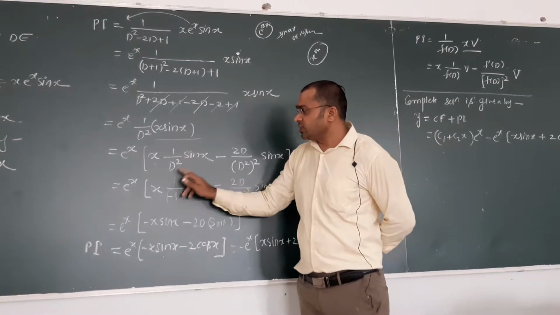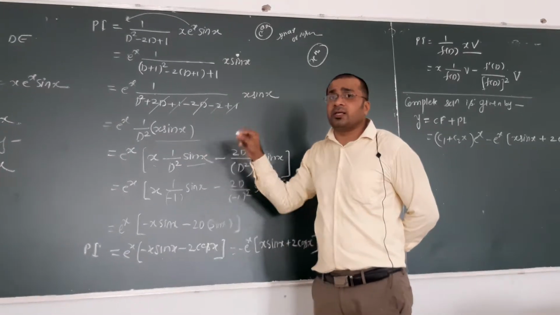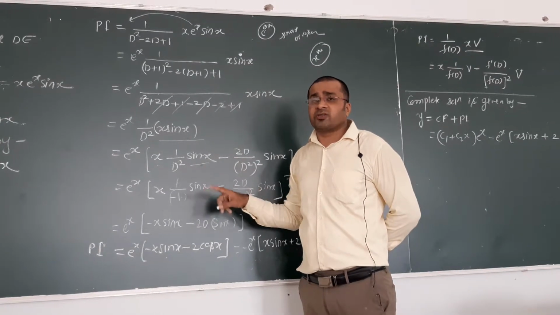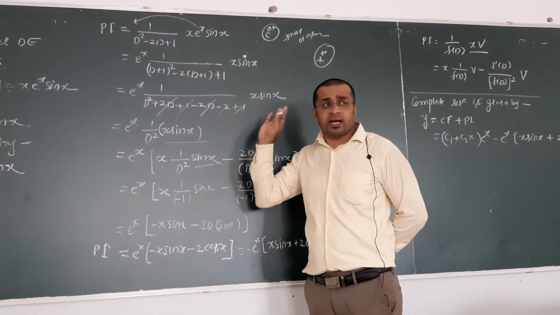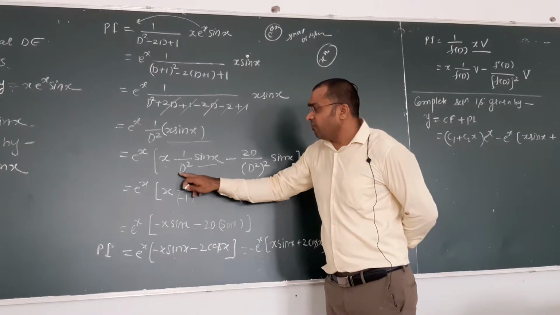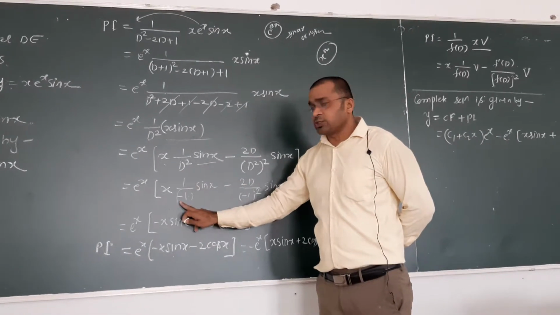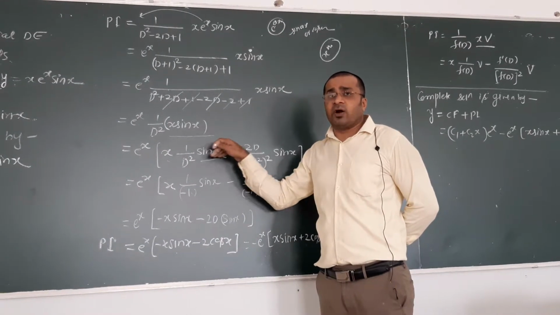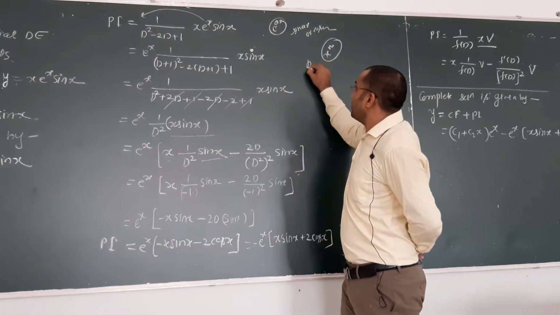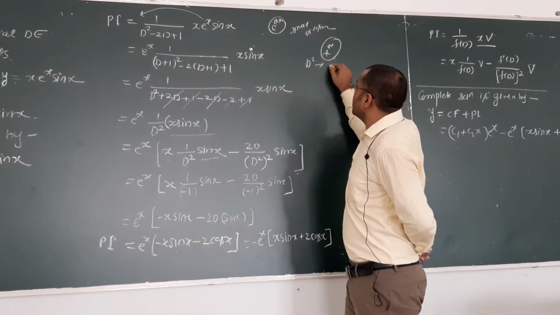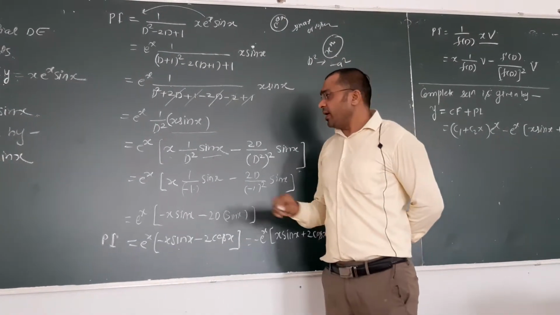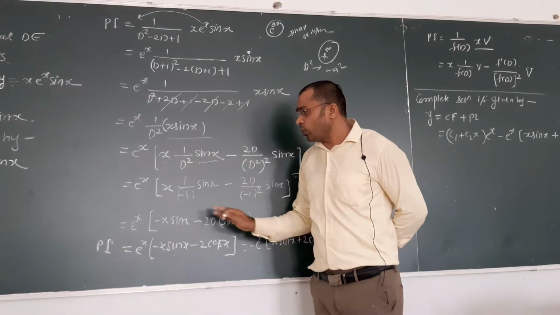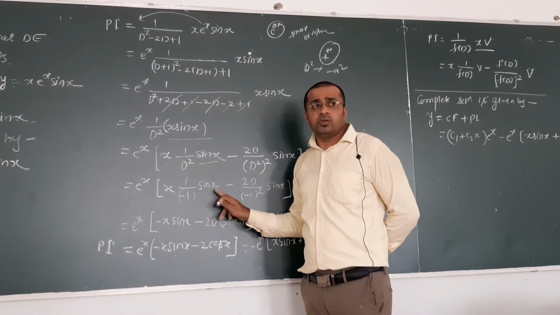Now 1 by D² is here with sin x, so we can do the integration 2 times with respect to x, or otherwise we can apply the case we showed for sin x. So I will replace D² by minus 1, because the coefficient of x is 1. In sin functions we replace D² by minus a², so a² is 1, and multiplying by the minus 1 I get minus 1 into sin x.